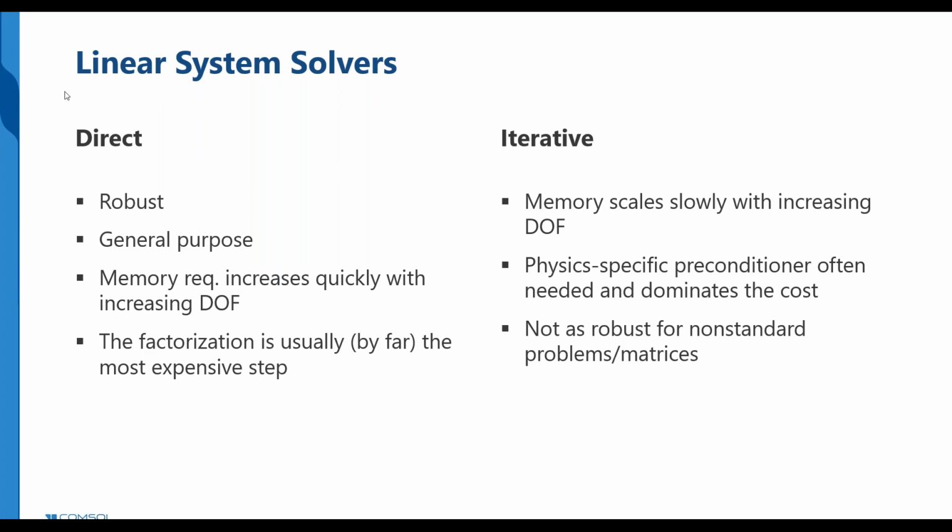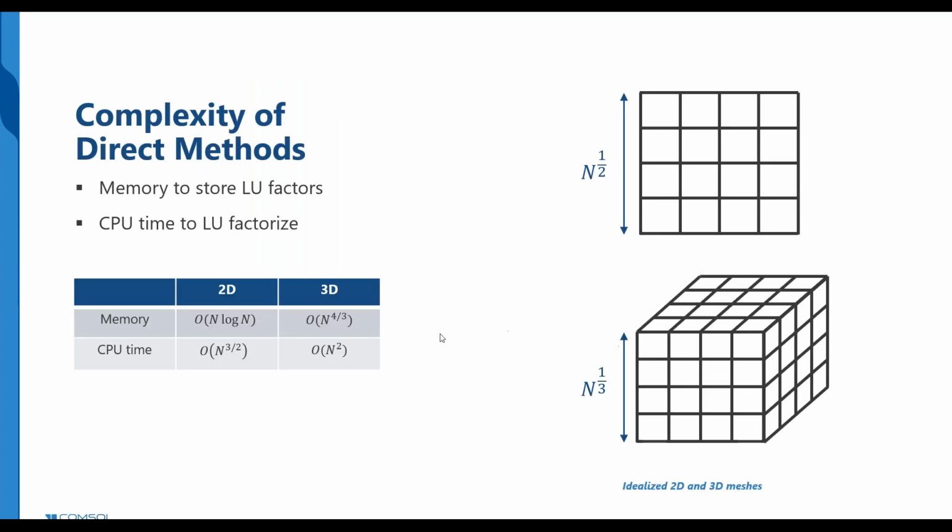Therefore, comparison between these is not trivial. It's not just to choose direct and iterative and compare. The preconditioner is the key to the success of an iterative solver. But when they work, they are optimal. We can show that with multigrid, for instance, it's an optimal technique to solve linear problems. So it's definitely worth investigating if it applies to the problem class you're working on.